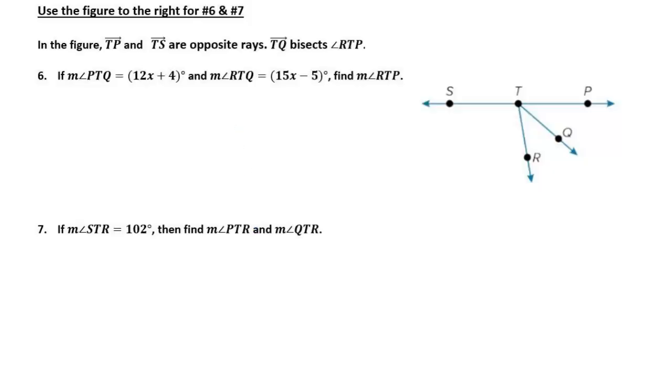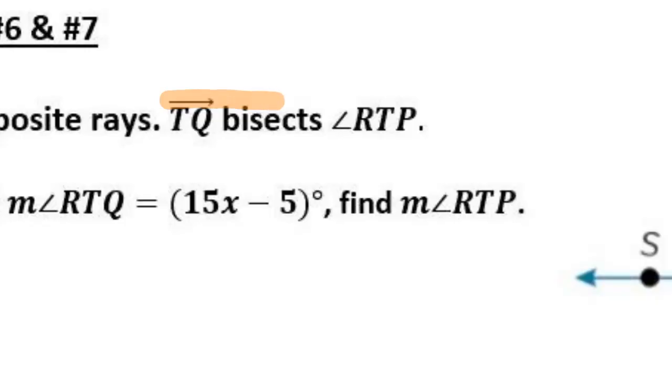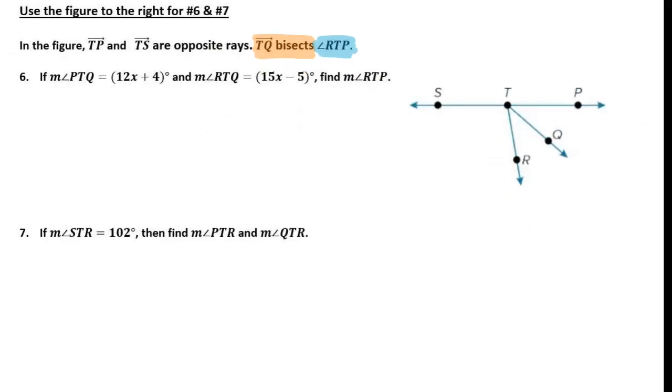There we go. Now this should be a little bit easier. In the figure, ray TP and TS are opposite rays. Ray TQ bisects angle RTP. Well, angle RTP is this angle right here. There's angle RTP. It says that TQ is bisecting that angle.